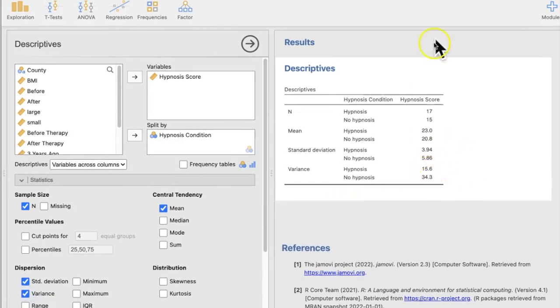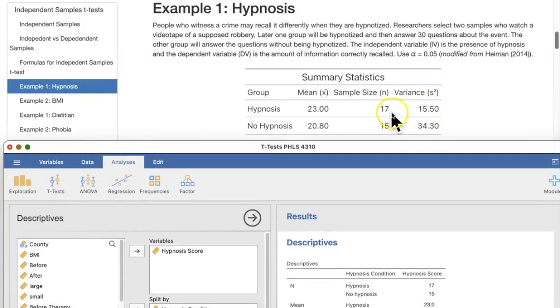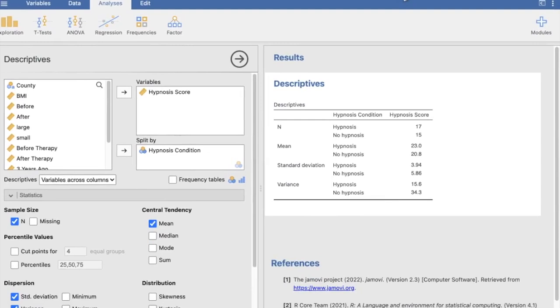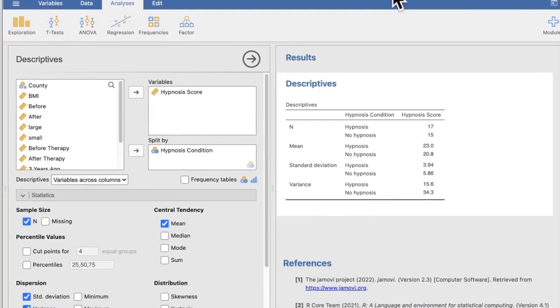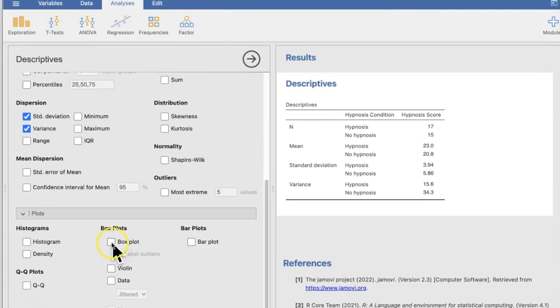15.6, 34.3. Let's go to the problem. There you go. That's the variance. That's the n. That's exactly what we have here. And that's the sample mean, 23 and 20.8, sorry. Okay, so that's the descriptives right there. The other thing I can do is scroll down to the plots menu, and I can do box plot.